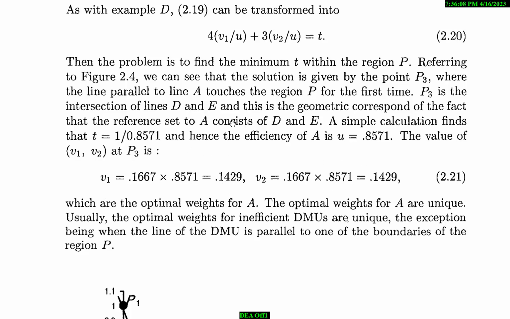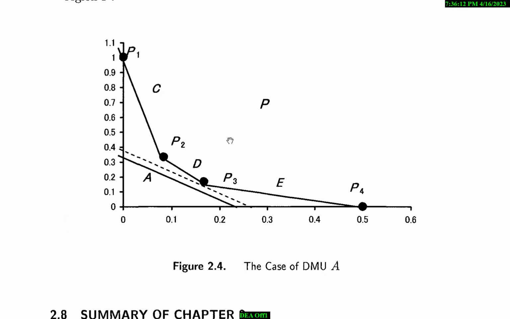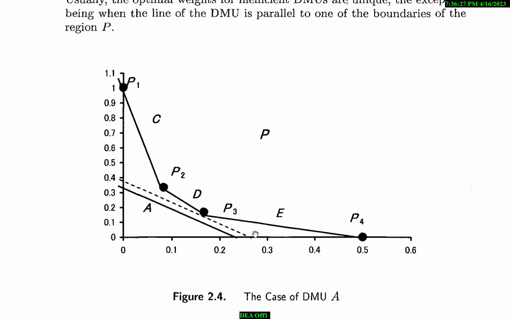As you see, the optimal solution is obtained here. For A, this point is optimal. We can have the same for all other DMUs.